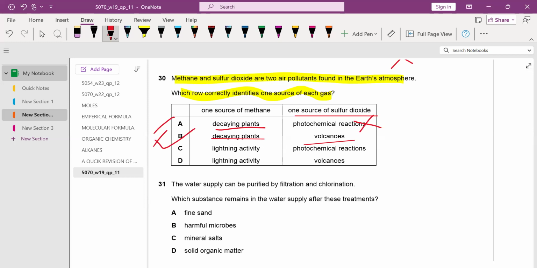Then question number 31. The water supply can be purified by filtration and chlorination. Which substance remains in the water supply after these treatments? The substance that remains in the water supply is mineral salts.